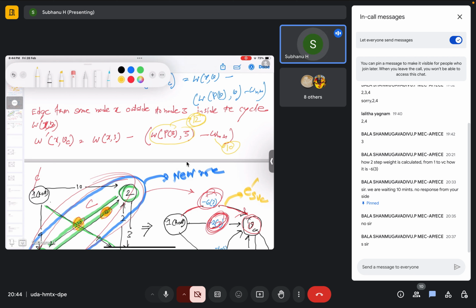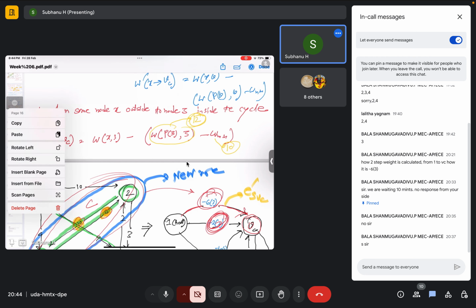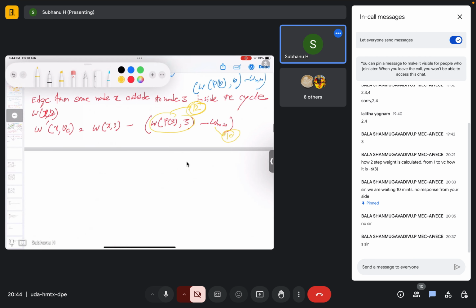Fine. Now what I'm saying is that if W P33 is equal to 12 and W minimum is equal to 10, then W dash xvC is nothing but W x3 minus 12 minus 10, which is W x3 minus 2.